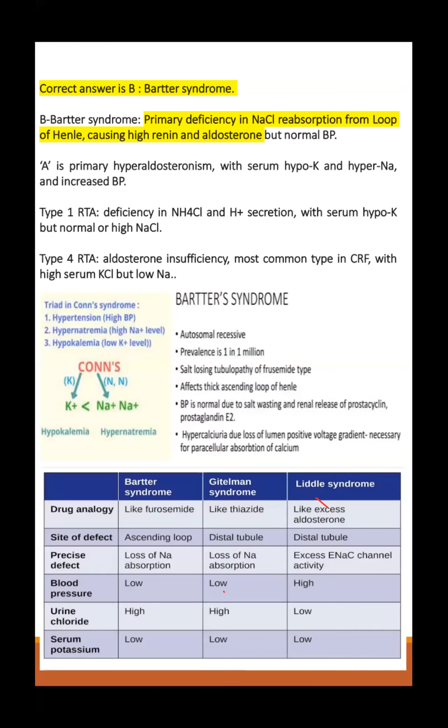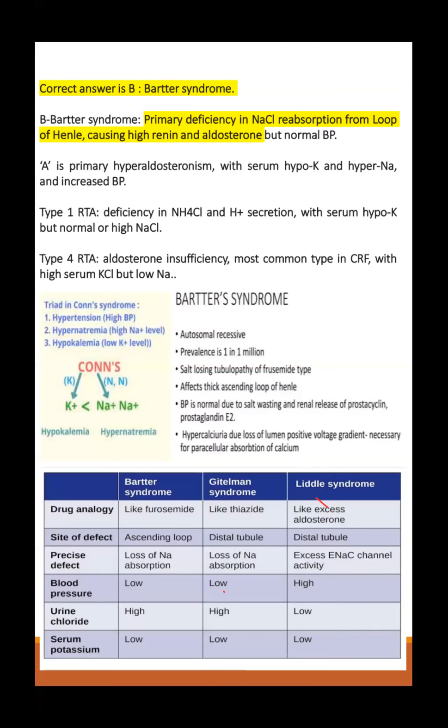So hypokalemia but sodium chloride will be high in type 1 renal tubular acidosis. Type 4 renal tubular acidosis is commonly chronic renal failure, aldosterone insufficiency or mixed connective tissue disorder, with high potassium chloride and low sodium. So all goes towards Bartter syndrome.